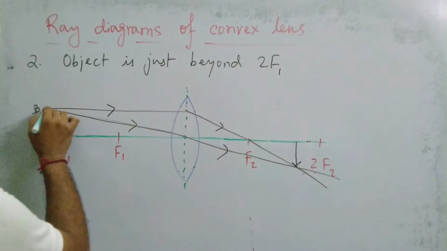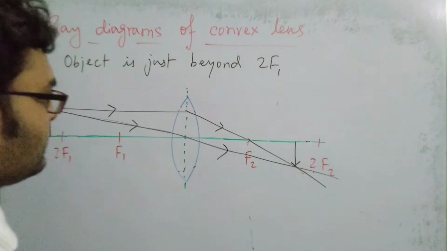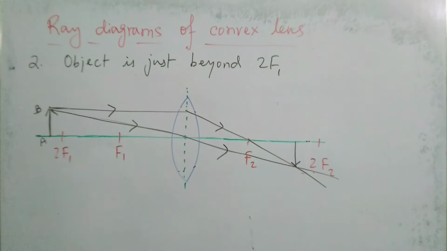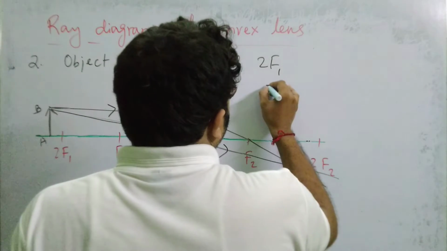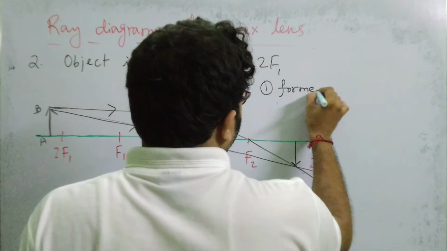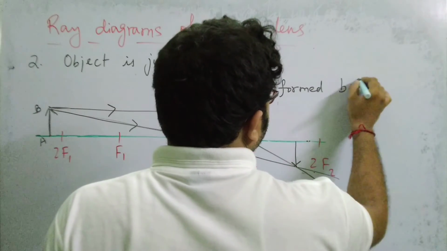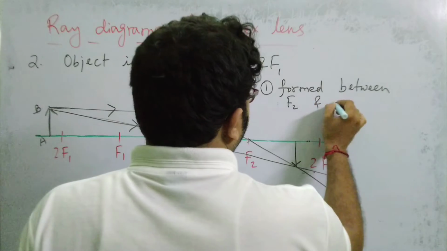So if I consider the diagram, when the object is just beyond 2F1, the image is found between F2 and 2F2. So the first point is that the image is found between F2 and 2F2.